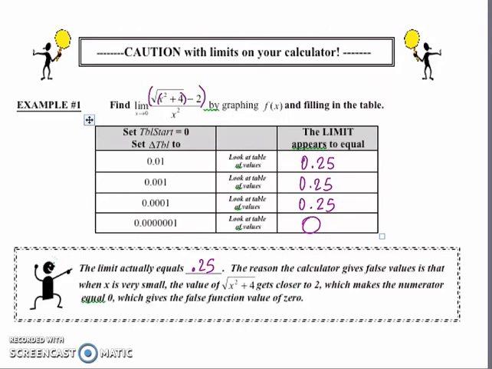And as it does that, when you subtract 2 from it, that makes the numerator 0, which gives the false function value of 0. Because remember, when we calculate a limit, we're looking at what our function is approaching as the value of x gets closer and closer and closer to a given value. So again, it's just important to always go back to the definition of our limit.